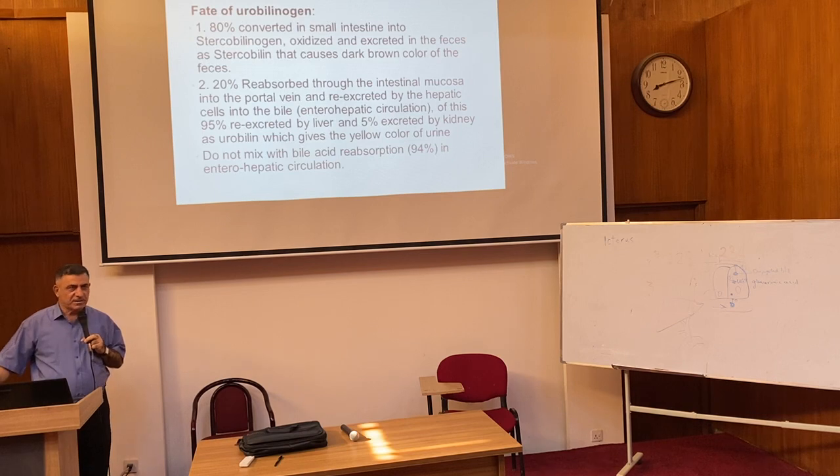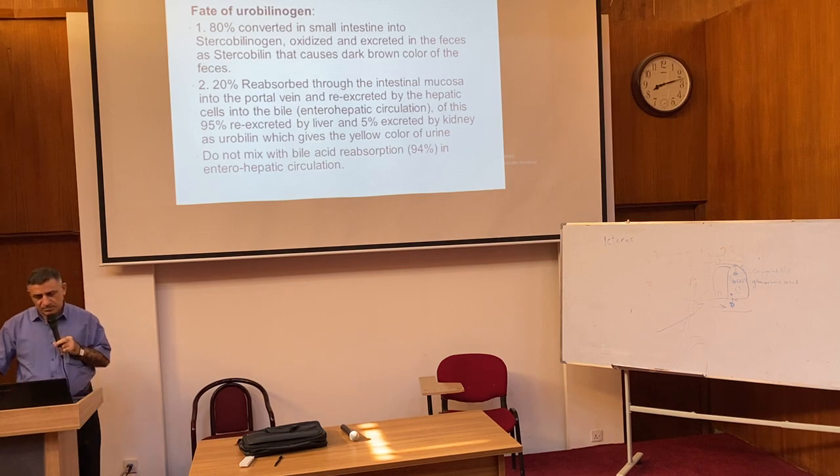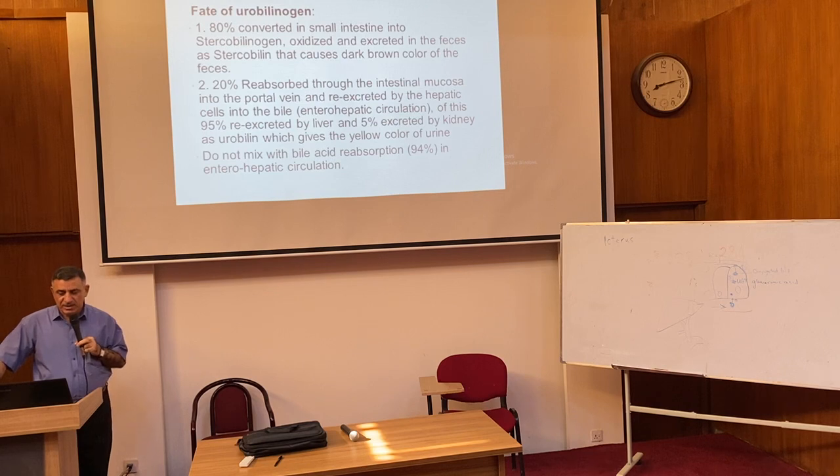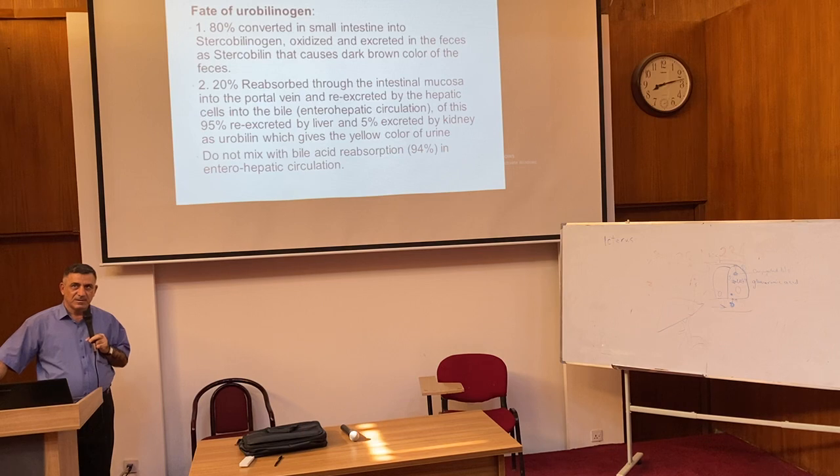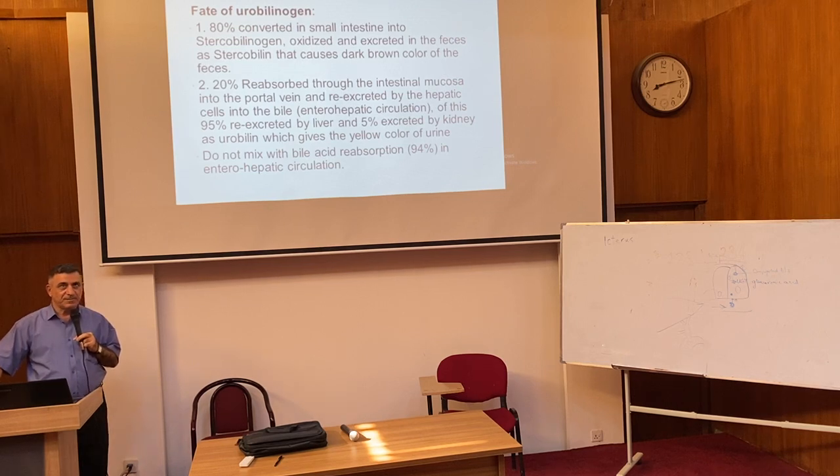And 80% of this urobilinogen is further oxidized to stercobilinogen and to stercobilin, and they are excreted in the feces and give the brown color of the feces. It is due to stercobilin.